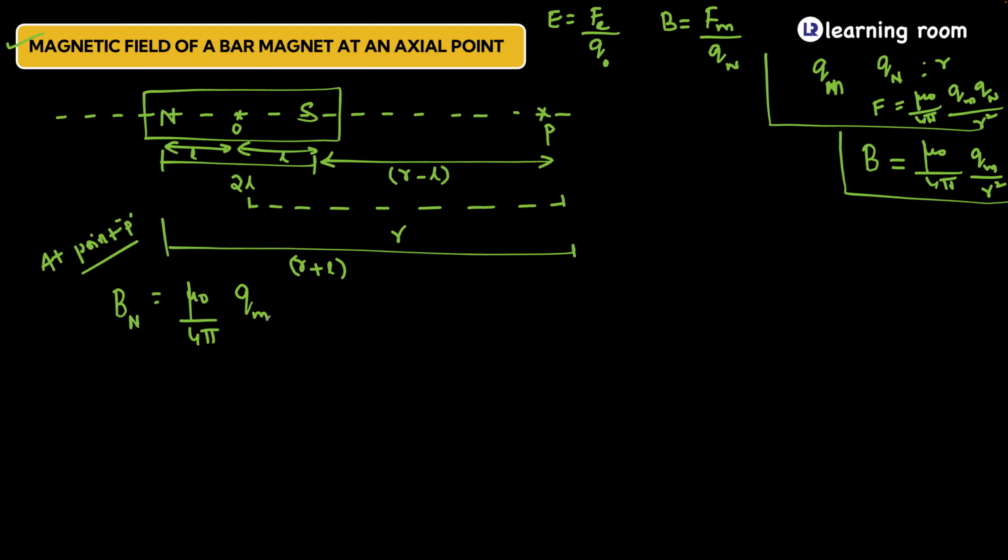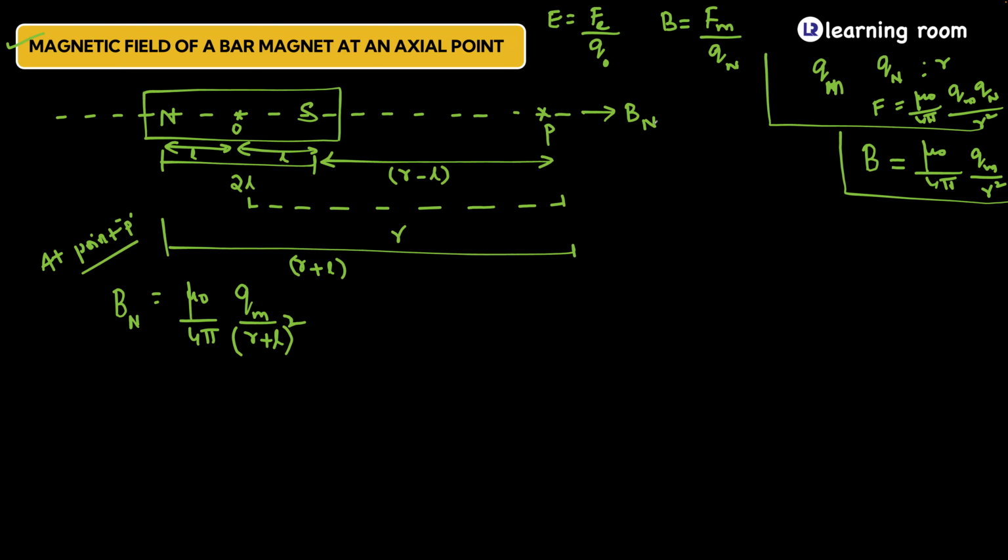Remember, for a given magnet, magnetic pole strength will be the same for both. So Qm divided by, for the North Pole, R plus L the whole square. But the magnetic field due to this North Pole at point P will be in which direction? It will be in the rightward direction. Why?